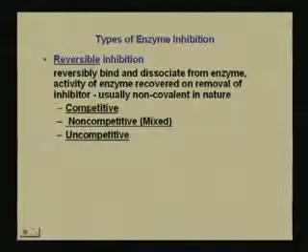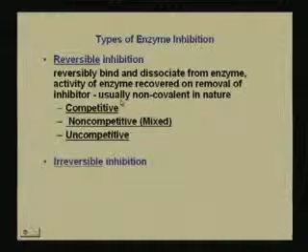So, these are the three different types of reversible inhibition. The features of reversible inhibition again are that there is a reversible binding and dissociation from the enzyme, and on removal of the inhibitor, the activity of the enzyme is recovered and the association is non-covalent in nature.